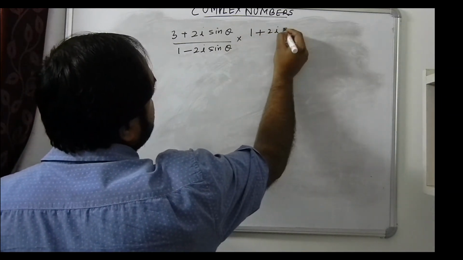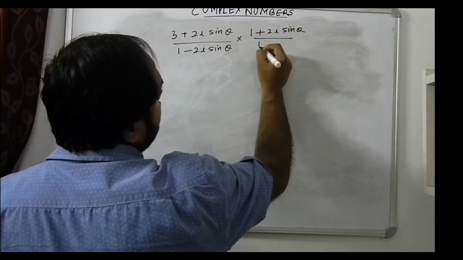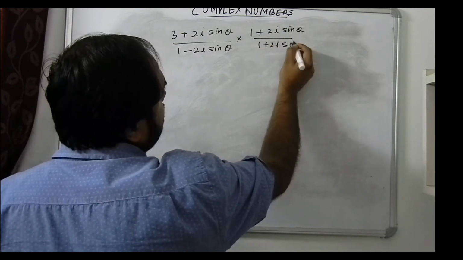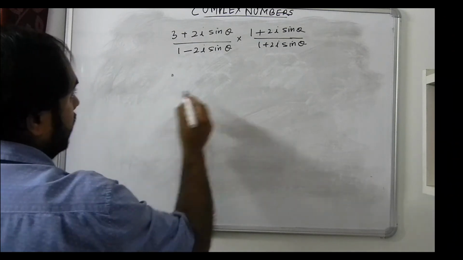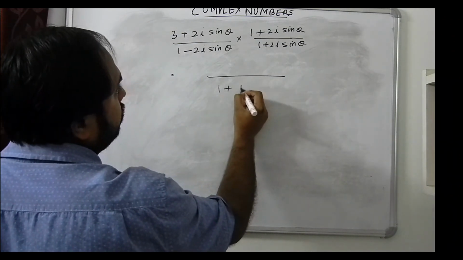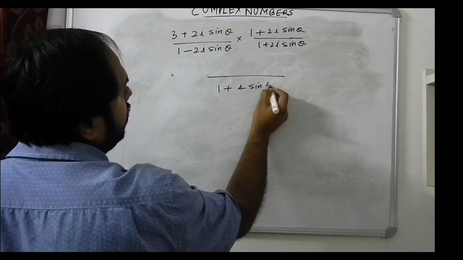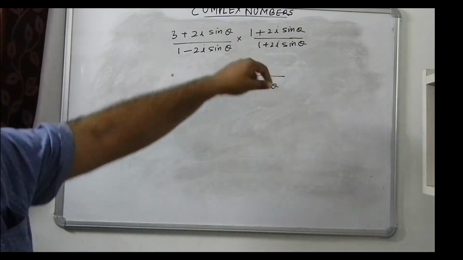Multiplying by 1 plus 2i sin theta on top and bottom, the denominator becomes 1 plus 4 sin square theta, a square plus b square.